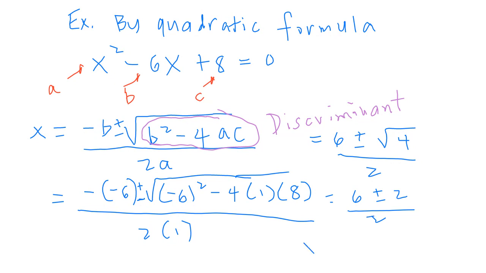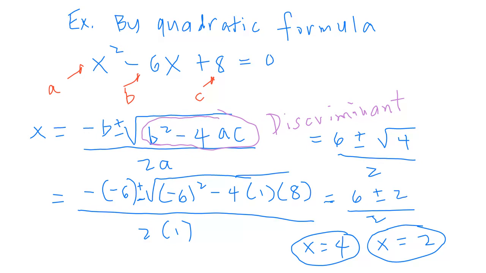The first x value is 6 plus 2, that's 8, divided by 2 is 4. And the other value would be the minus sign. So that's 6 minus 2, that's 4, divided by 2 is 2. So you're getting the same answers as we showed you the first way, by factoring, the second by completing the square, and now by the quadratic formula.